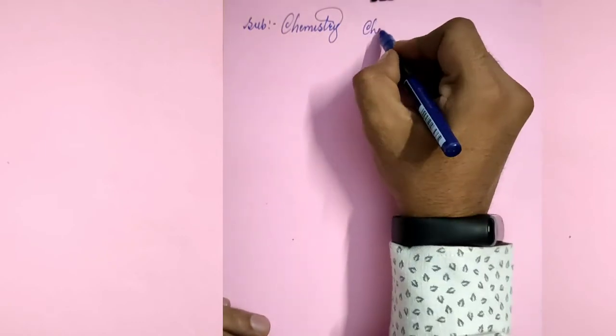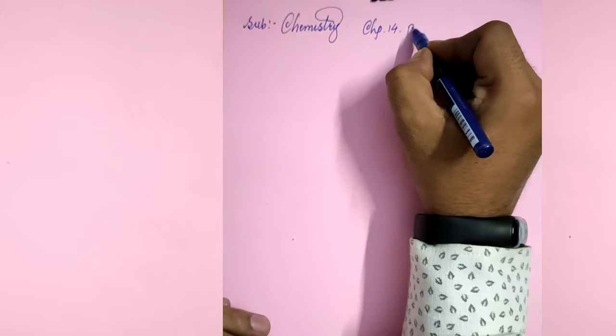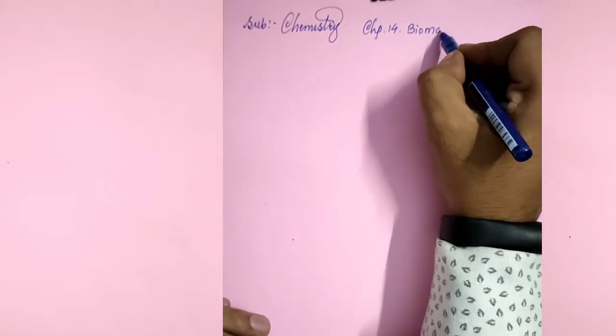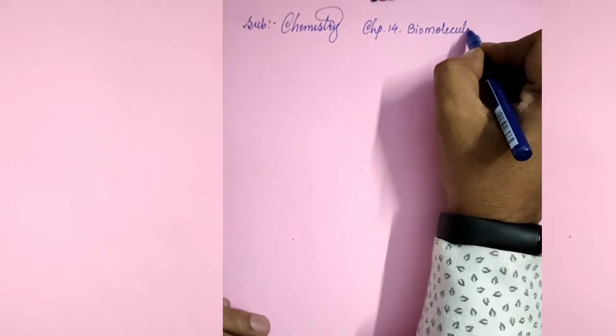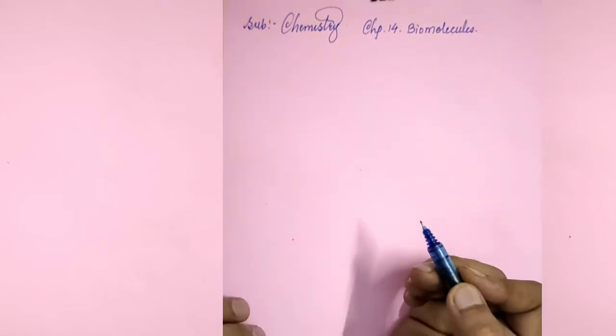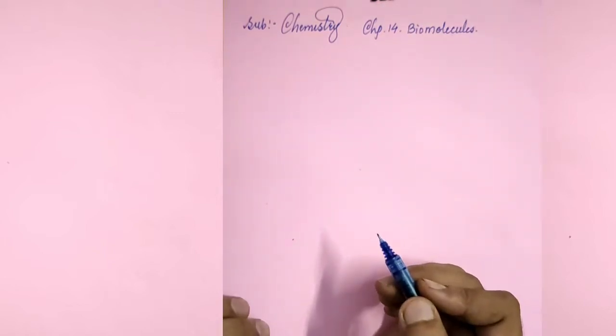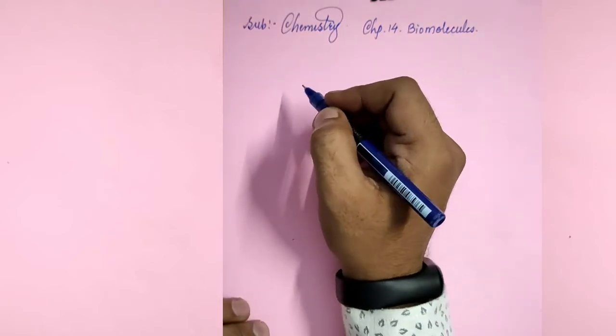Chapter 14, Biomolecule. Last time we have seen about the structures of amino acids: neutral amino acids, acidic amino acids and basic amino acids.